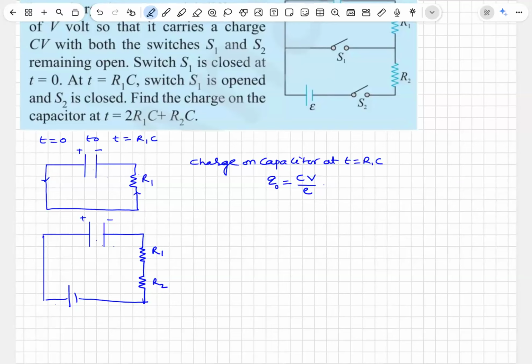V by E, which is less than V. So therefore, obviously, it gets charged further. So now current flows like this. I am assuming that Q is the charge transferred.